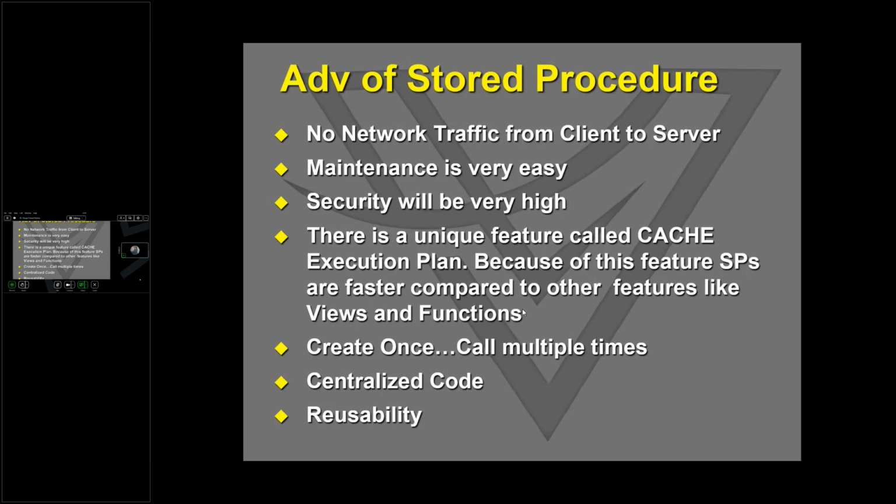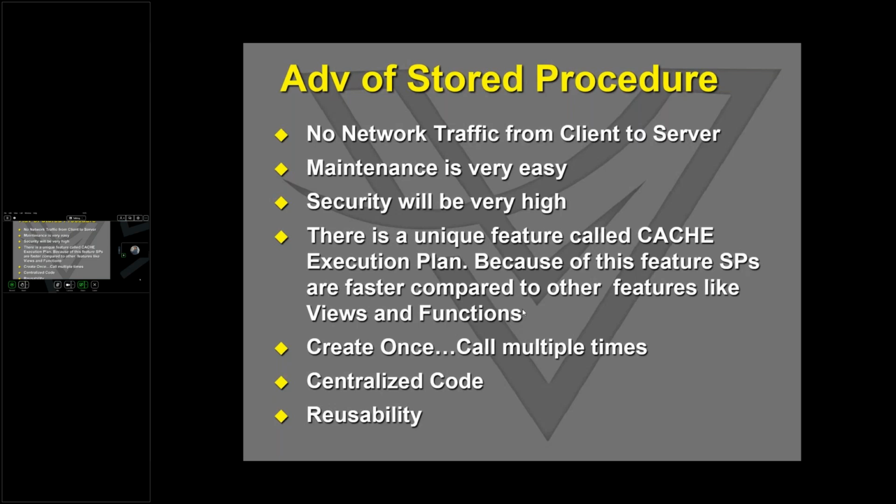But a stored procedure has one more beautiful feature, called cache execution plan. Because of this feature, stored procedures are faster compared to other features. Cache execution. So what does cache mean? Cache means RAM, memory.